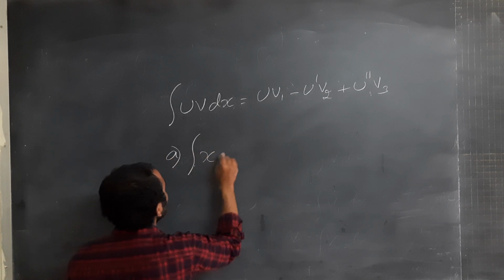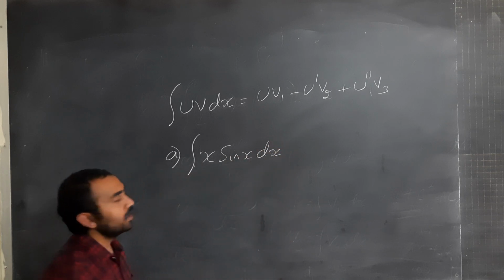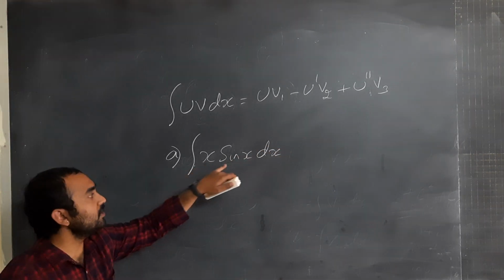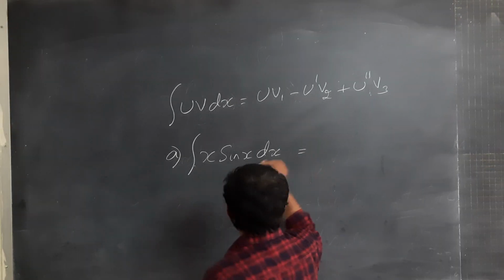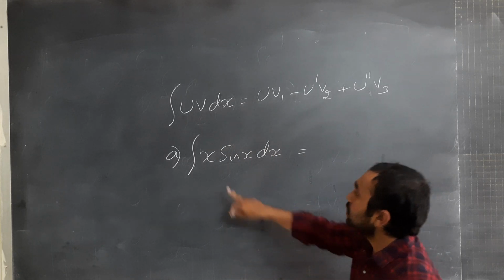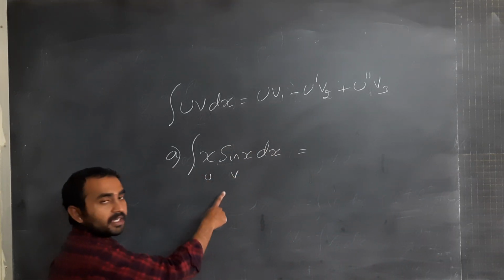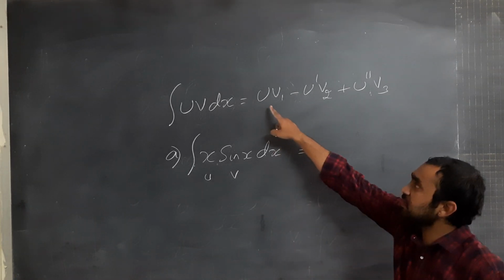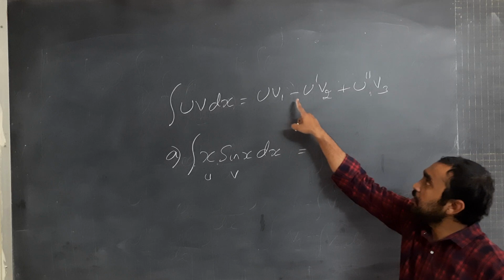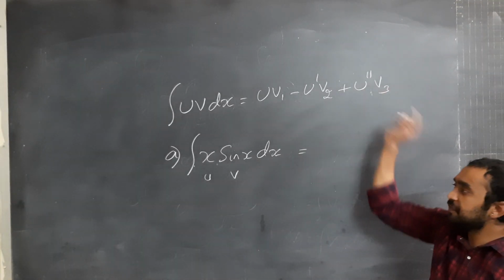Integral x sin x into dx. Here x is one function and sin x is another function, so we can apply the product rule. We take x as u and sin x as v. The formula says u v1 minus u dash v2 plus u double dash v3.